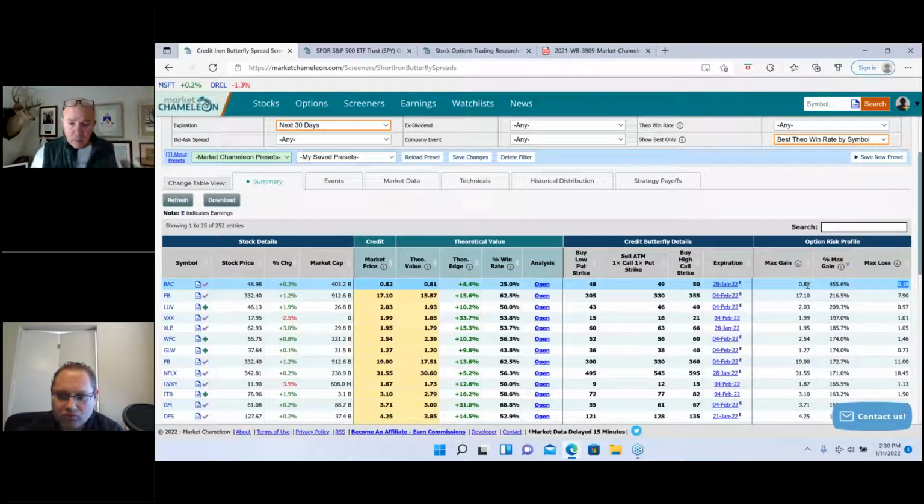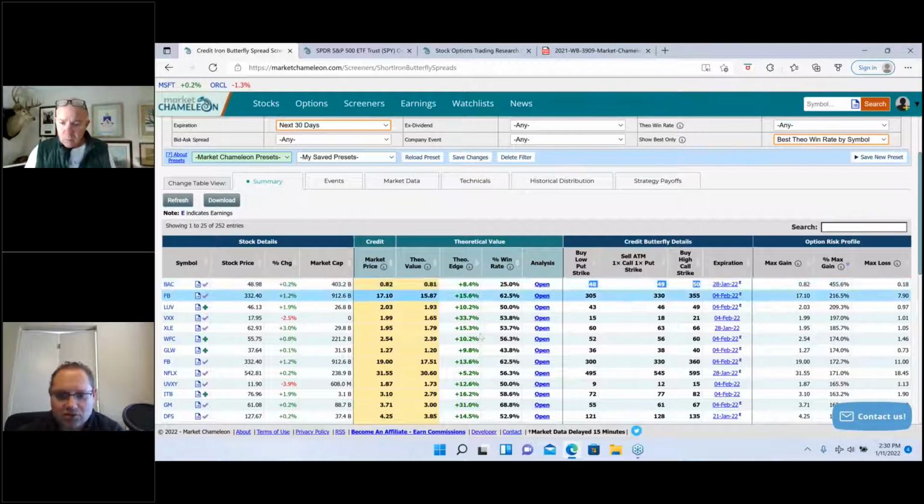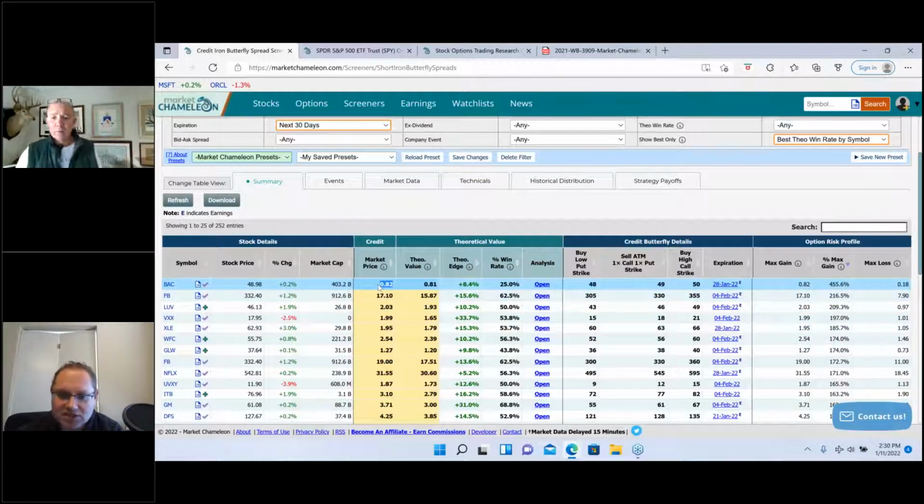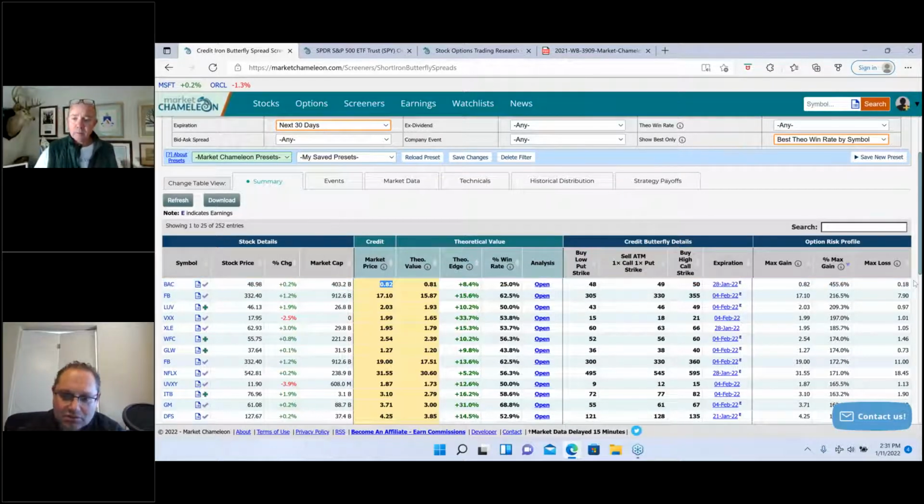So I'm going to come over here as well, and this is telling us our risk versus reward. So here we see this is a dollar spread butterfly. If we could sell it for 82 cents and the stock finishes at 49 bucks, we collect 82 cents. That's our reward. If we have to buy back for $1, we sold it for 82 cents, we have to buy back for $1, we lose 18 cents.